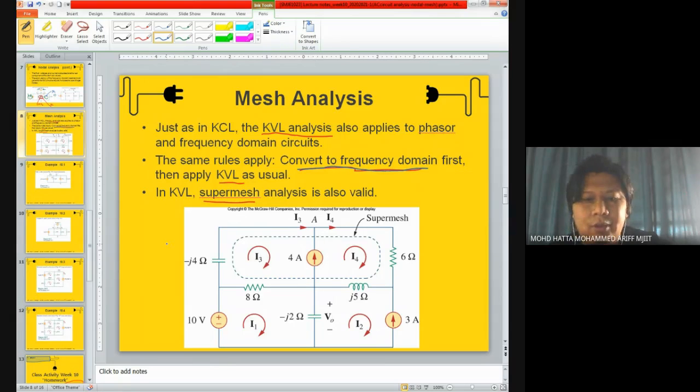If you are given a circuit in the frequency domain, you can skip that step and go straight to analyzing your circuit using either mesh or node analysis, according to the instruction given in the question. All right, any questions so far? Okay, you can follow.